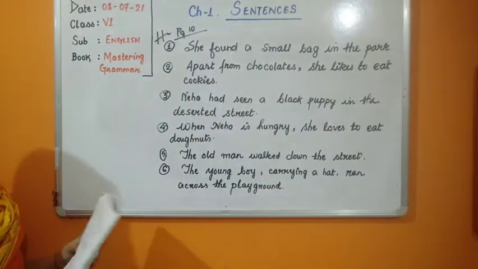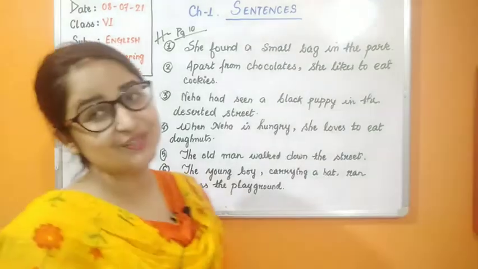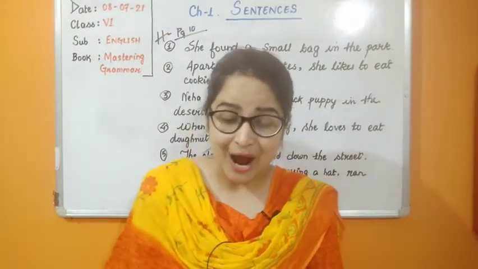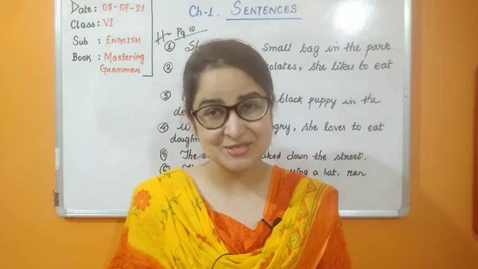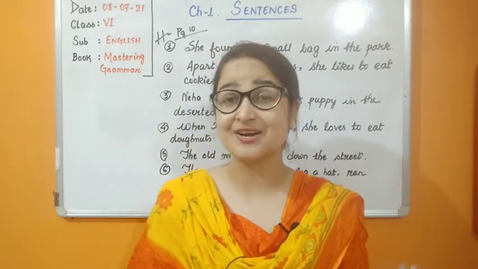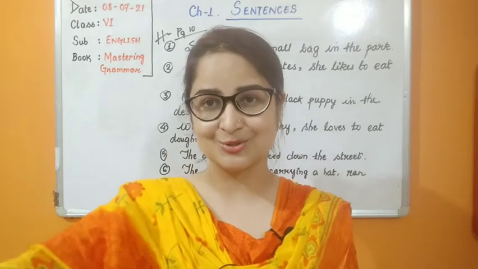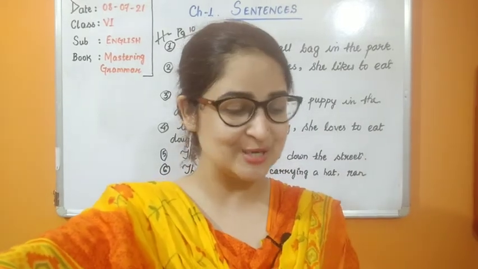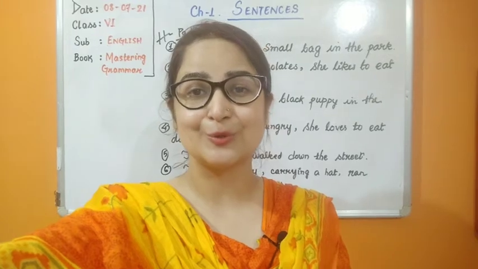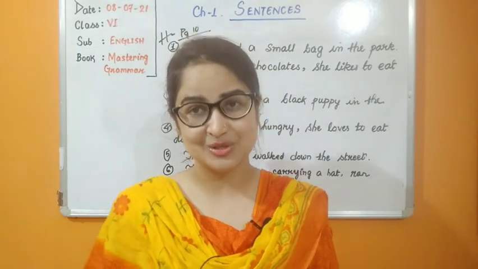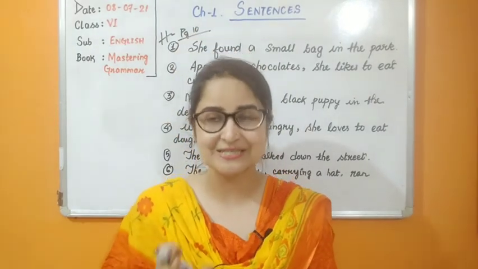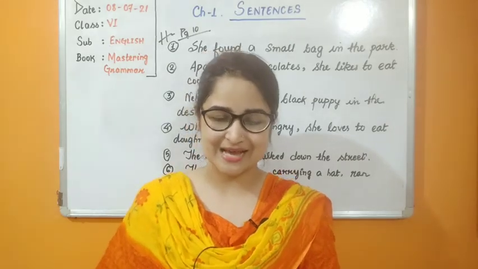So we are done with the exercises that are there in your book, children. Now there is some extra information. There is something extra that we are going to do in this video lesson: I have given you a worksheet and we are going to complete that worksheet in this video lesson as well.